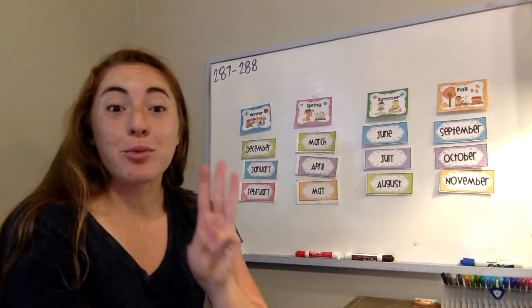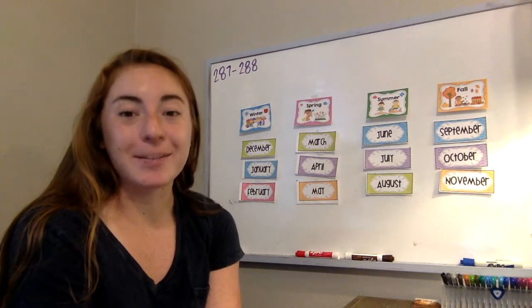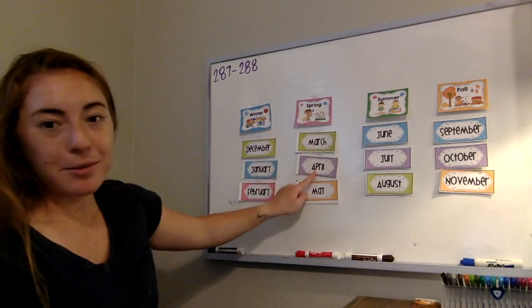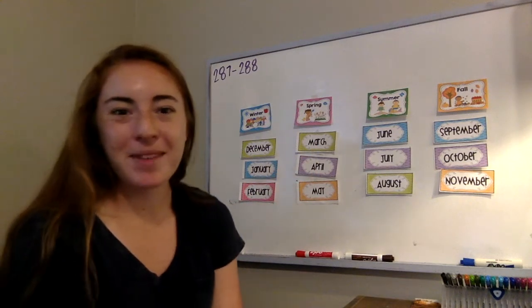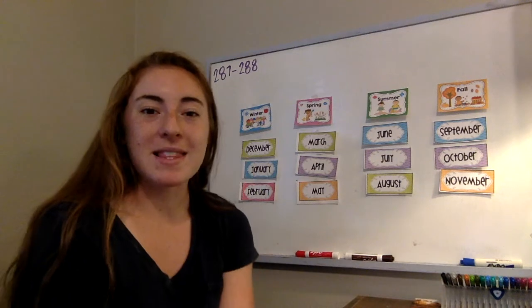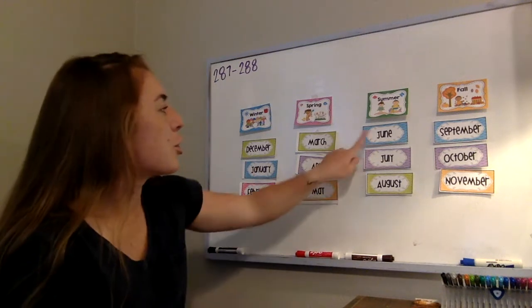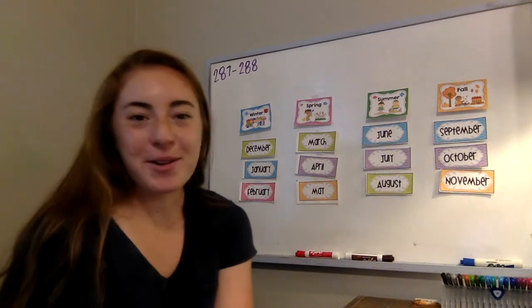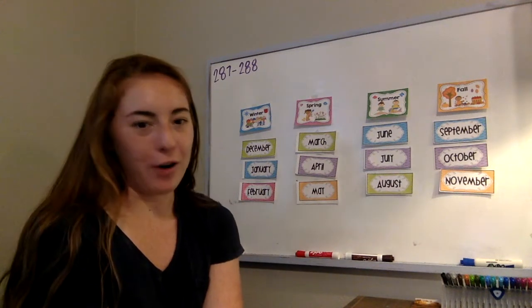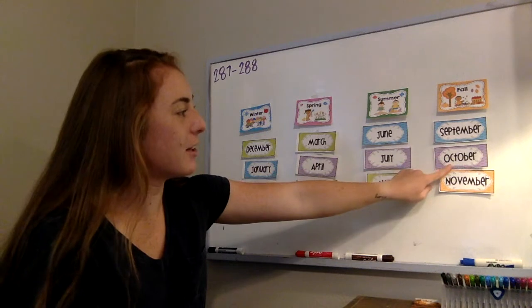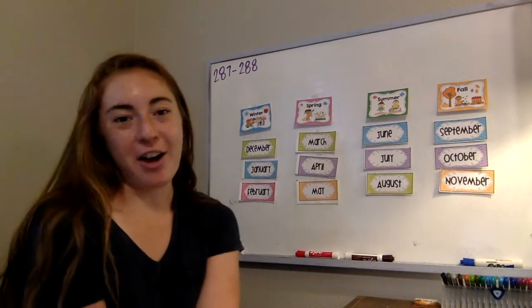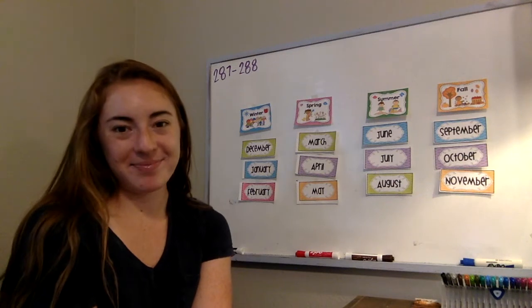What are the 3 months of spring? March, April, May. Good job. What are the 3 months of summer? June, July, and August. And what are the 3 months of fall? September, October, November.